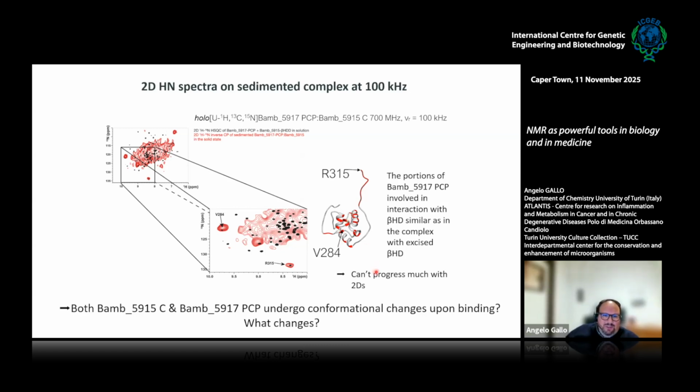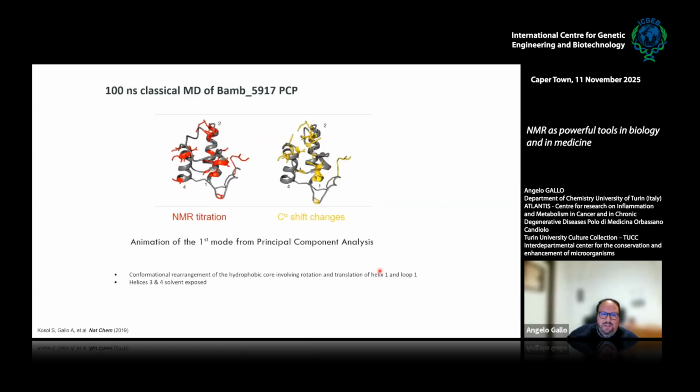With only 2 days, we cannot really progress. And to look for these changes, we decided to go for the easiest way, molecular dynamics. So let's try to see which data can correlate in molecular dynamics.